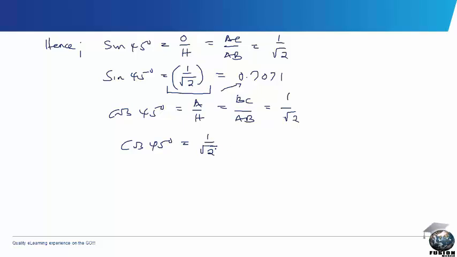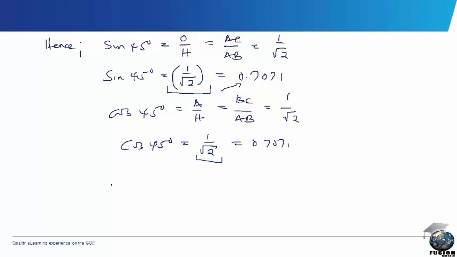This means cos of 45 is the same as sine of 45. On your calculator you have the same value, but in the root form it is 1 over root 2.